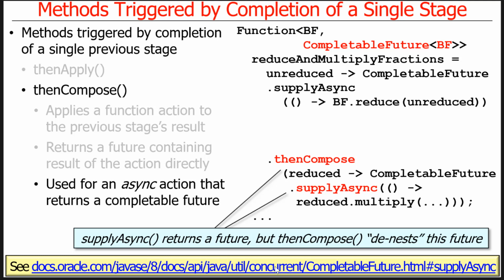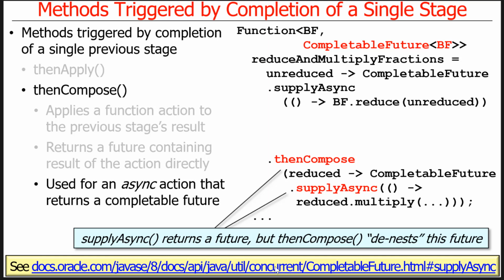And remember, supplyAsync runs asynchronously, or rather it sets something up to run asynchronously, and it will go ahead and schedule the computation supplied to it, which is going to multiply the reduced big fraction that we just got as a result of the asynchronous supplyAsync call completing with whatever parameter we pass to multiply. And supplyAsync also returns a completable future, but thenCompose is going to de-nest this future to only return a single completable future to a big fraction.